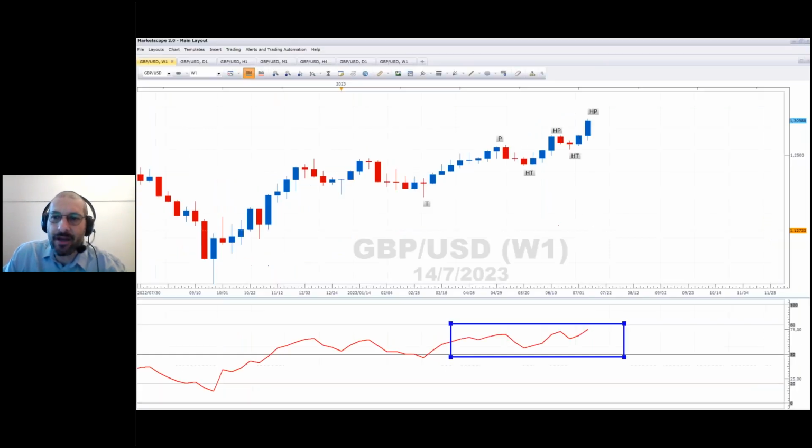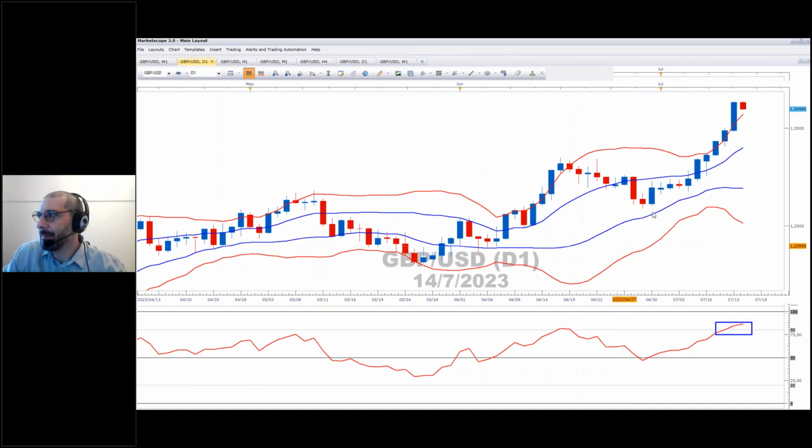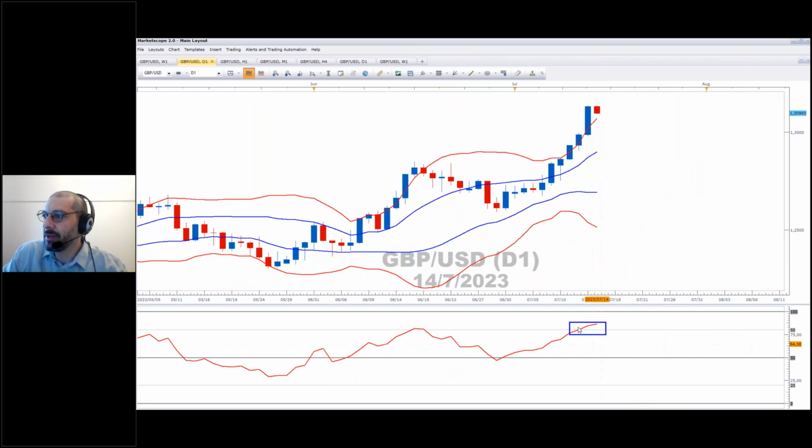So if we go back to MarketScope, we can go through to our daily chart. Now this is where it gets a little bit complex, but exciting at the same time. We've got an overbought condition on cable on the daily. I'm of the opinion that that has to clear.